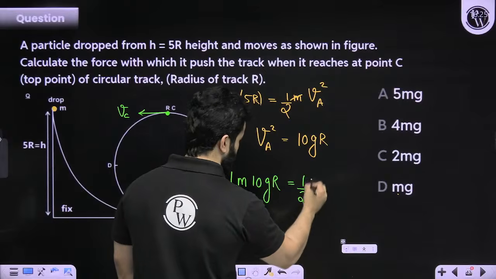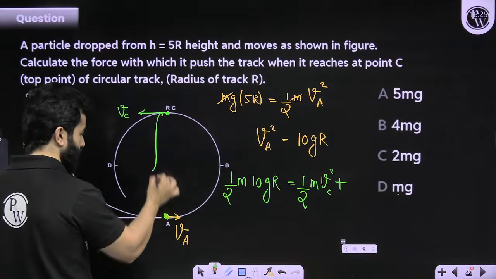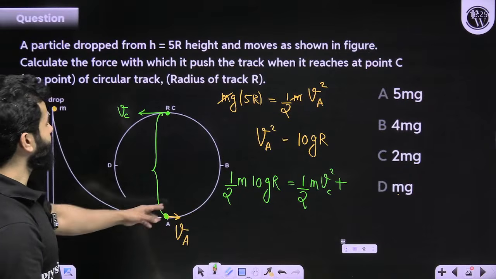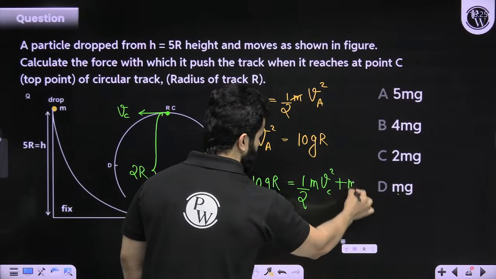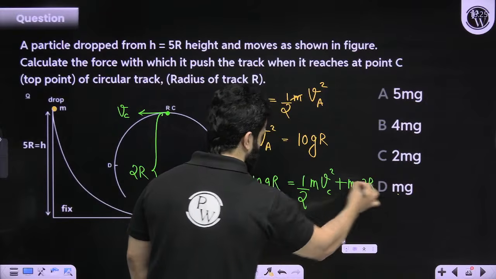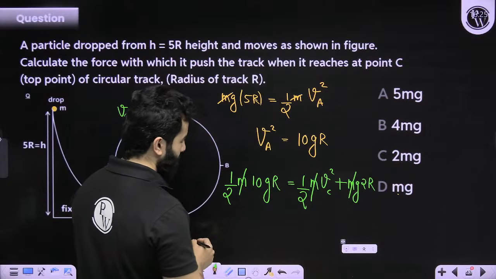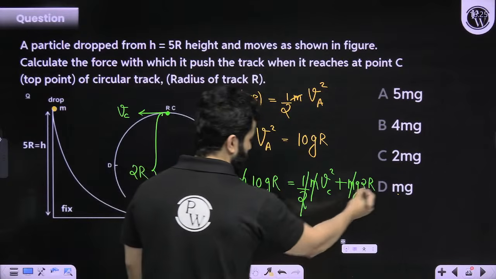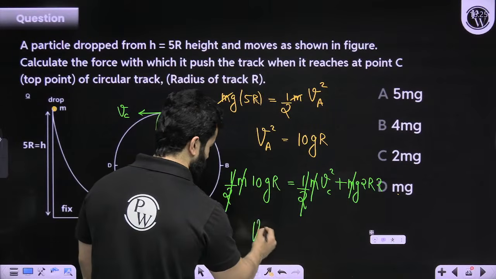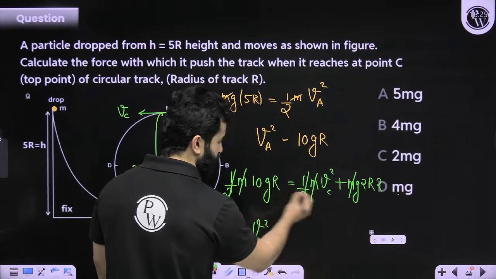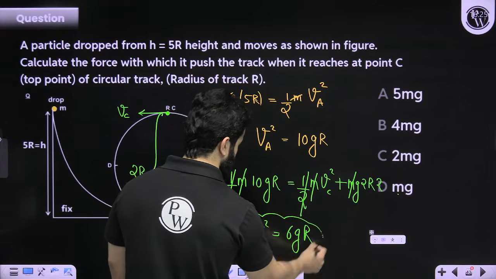So half m VC square plus potential energy; the radius of the track is r, so the height is going to be 2r, so mg into 2 into r. m cancels out, I can also cancel this 2. Please remember, I want to find VC square. So VC square will be equal to 10 gr minus 4 gr, so this will become 6 gr.